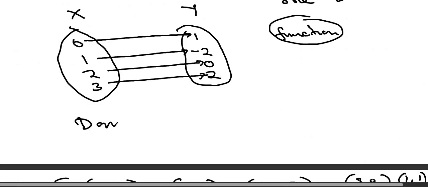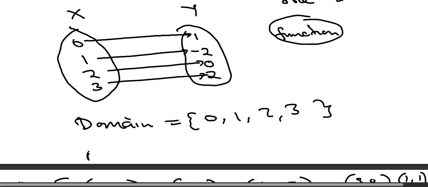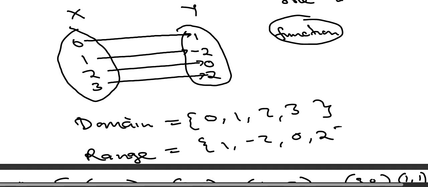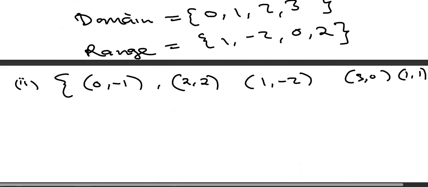So the domain here is all the x values. This is the domain. The set of 0, 1, 2, and 3, that's a domain. Then the range is the output. The range of all the y values, that's simply your range. What we are producing. And if there was a number that was repeating, we wouldn't have written it twice. You just write it once.